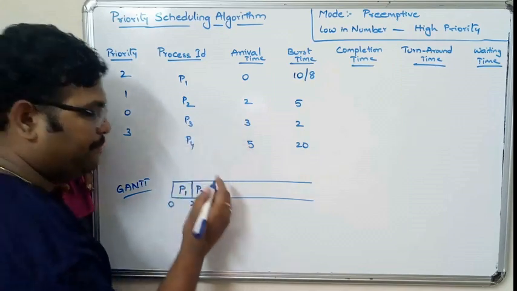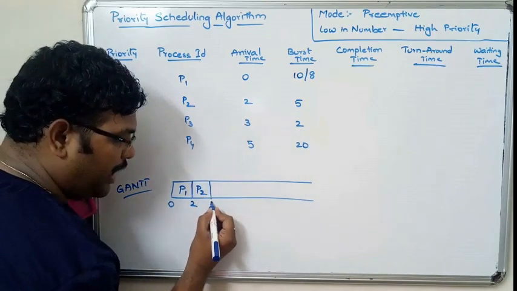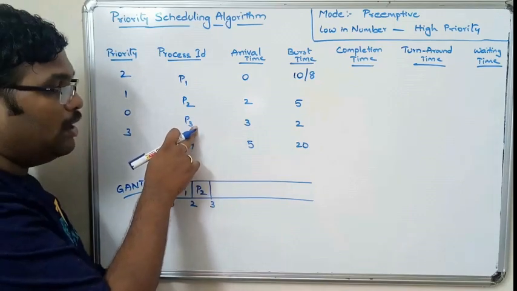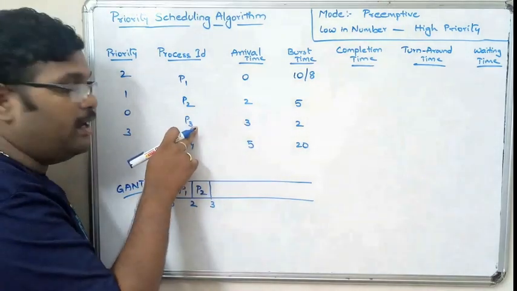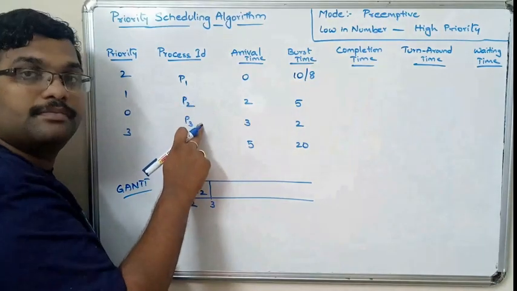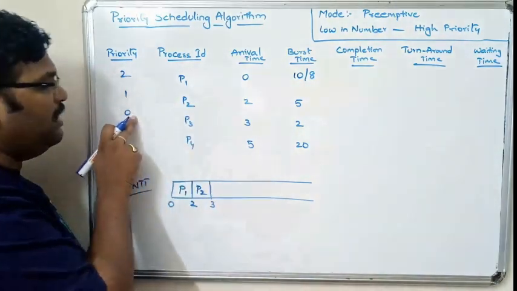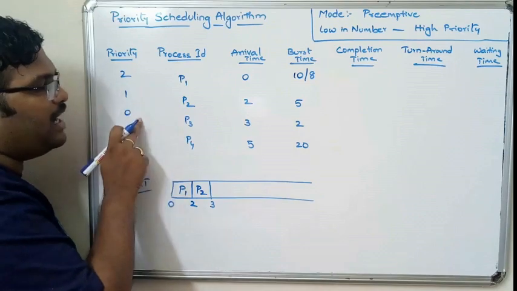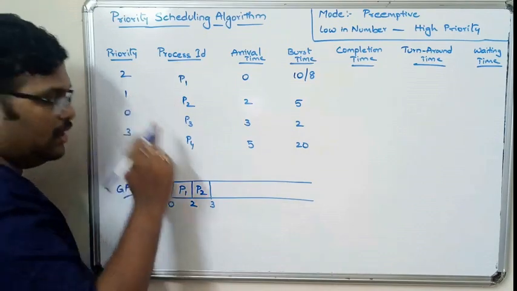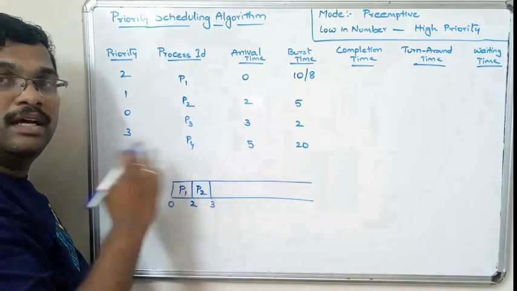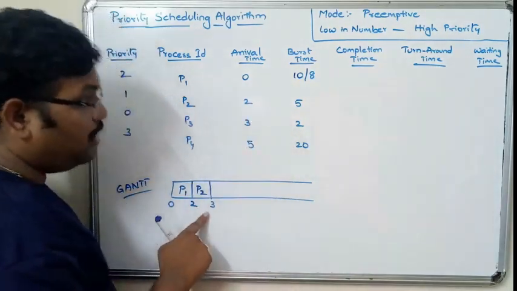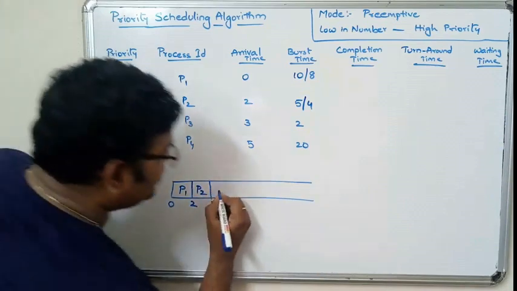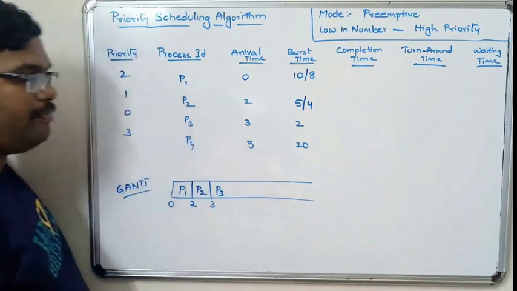So P2 is allocated to CPU. Now at the time 3, one more process is available in ready queue. So now what are the processes available in ready queue? P3 and P1, right? So P3 is having higher priority than P1, and also P3 is having higher priority than P2. So P2 will be again moved back to the ready state. So here 1 second is completed. Now P3 is allocated to CPU.